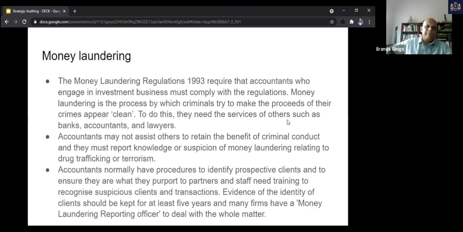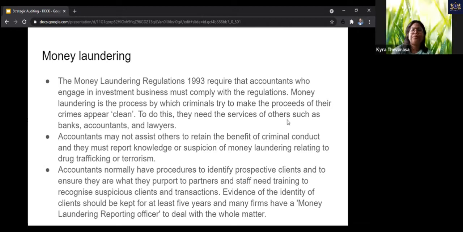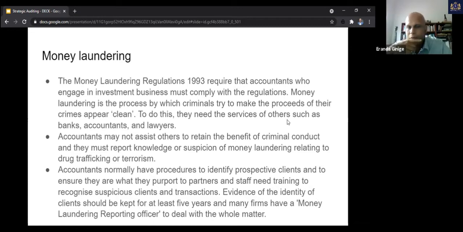Then money laundering. So these criminals who earn monies through illegal activities try to launder their money, clean their money, wash their money by passing that money through various agencies and financial activities.